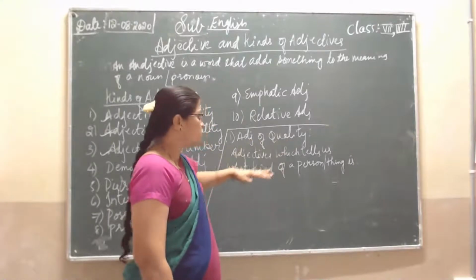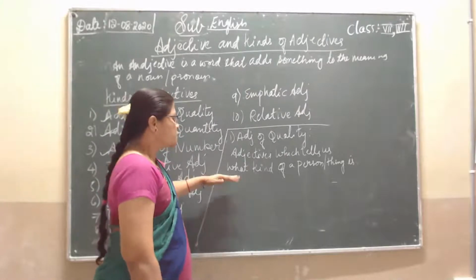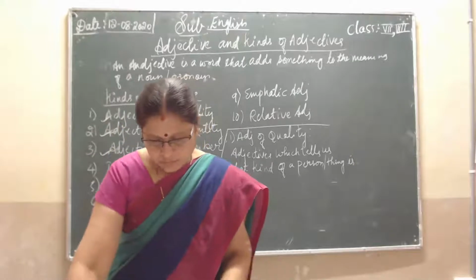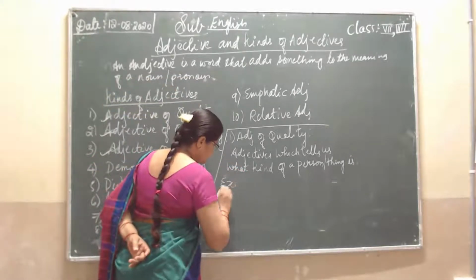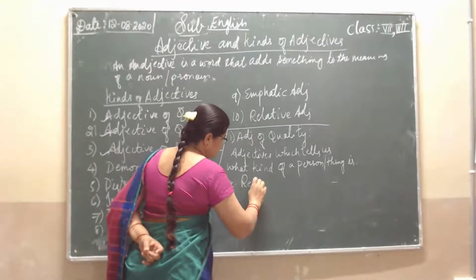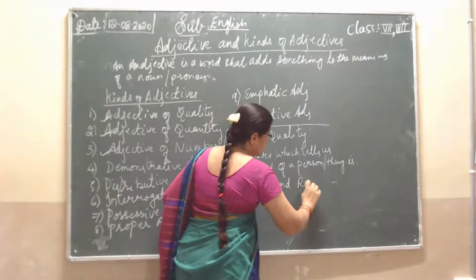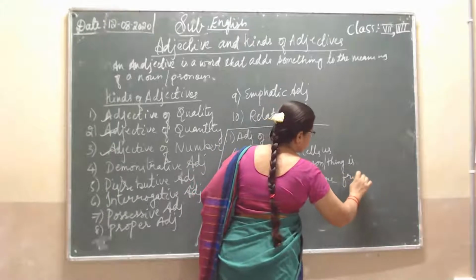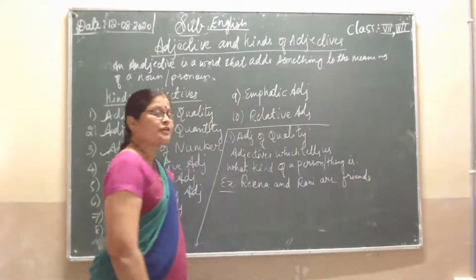Is it clear? So there are few examples what we will learn now here. For example, Reena and Rani are friends.